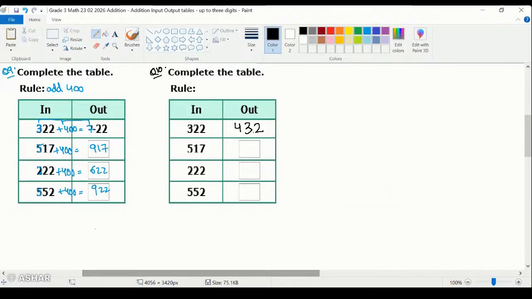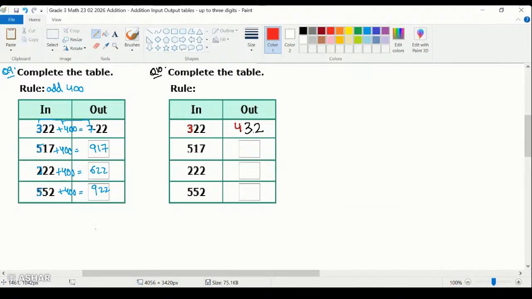What should be the answer? No, we do not add 200 to it. Why? Because the 300 when it becomes 400, we increase by 100, right?